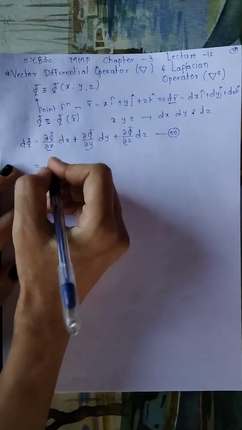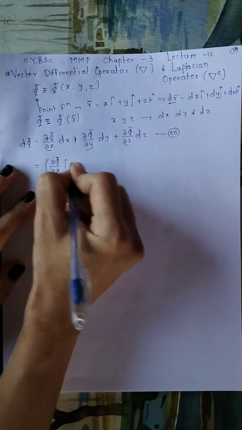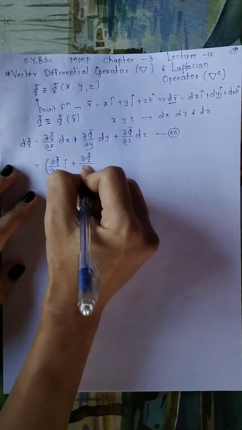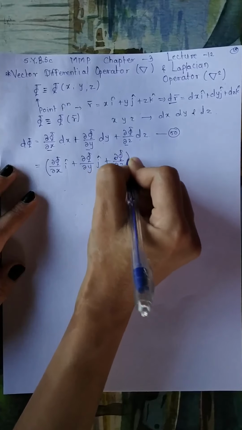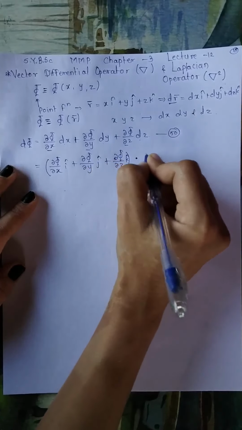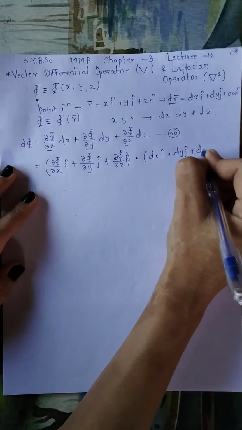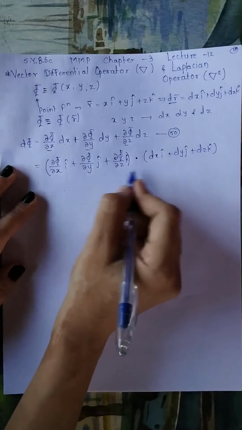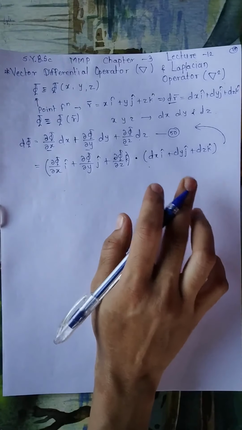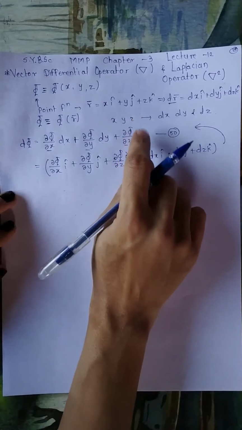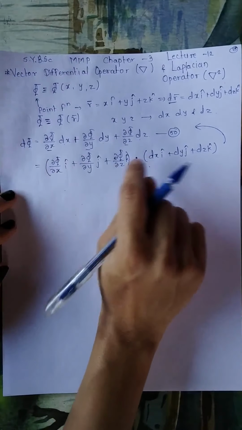So we can write dou phi upon dou x i cap plus dou phi upon dou y j cap plus dou phi upon dou z k cap, dotted with dx i cap plus dy j cap plus dz k cap. If you take the dot product of these two vectors, you will get equation 50. So the meaning of both is the same, and I can replace the RHS by the dot product of these two vectors.